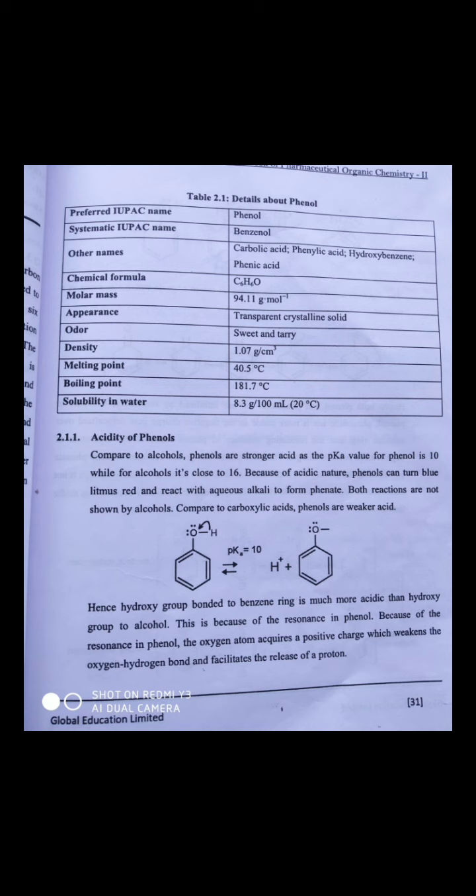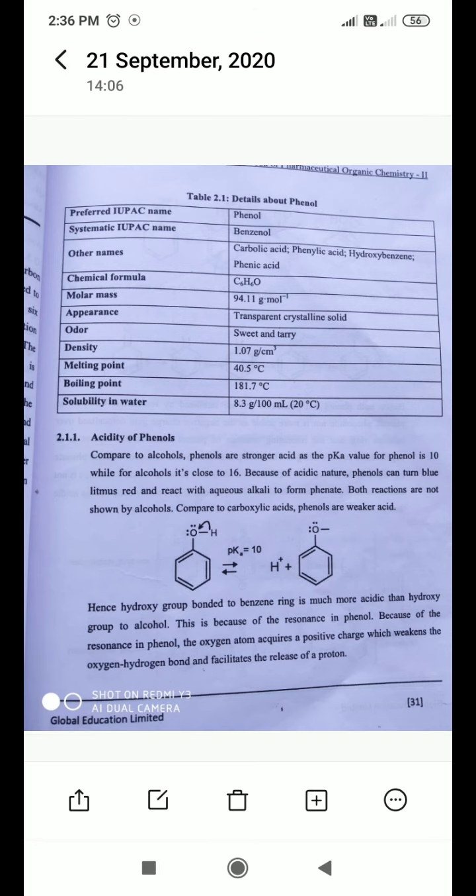With the OH attached to the carbon atom, the C-O-H bond angle in phenol is 109 degrees. That is, the angle between carbon-oxygen and oxygen-hydrogen is 109.